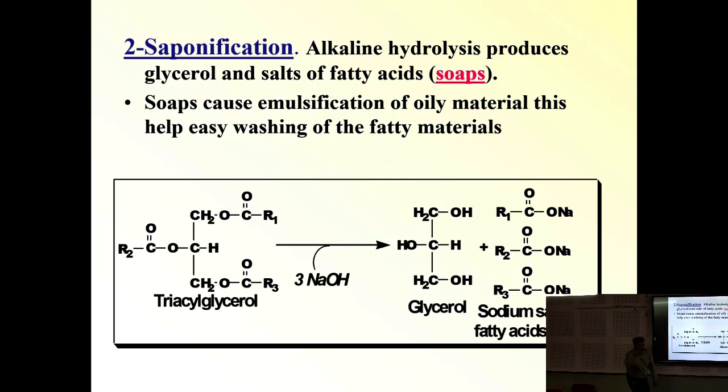So it requires alkali, meaning NaOH, KOH. Here 3 NaOH with triacylglycerol gives glycerol and sodium salt of fatty acid. Each of R1, R2, R3 becomes R-COONa, three times. Similar structure. Simply 3 NaOH here, whereas in hydrolysis 3 H2O.